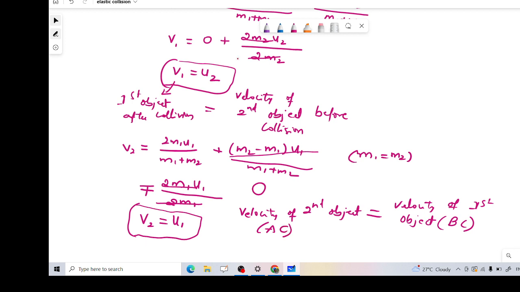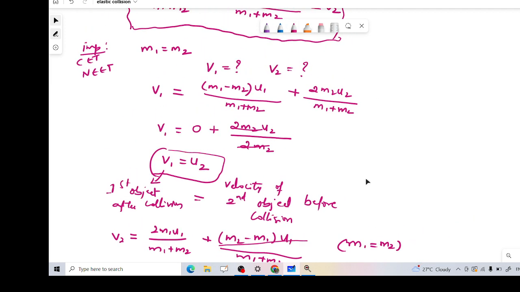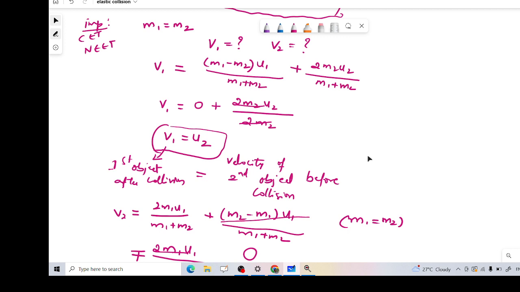So to remember these two equations, that is v1 as well as v2, see here both are representing similar quantities. In the denominator, m1 plus m2 will be there in both cases, v1 as well as v2. And here there is 2 m2 u2 on the v1 side.